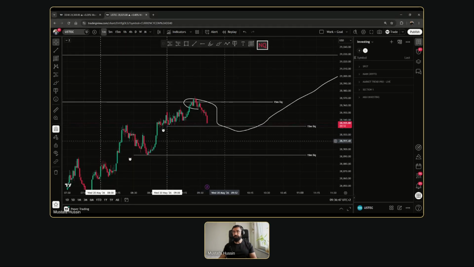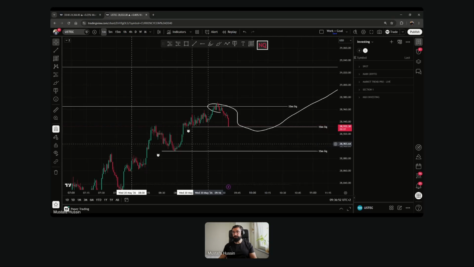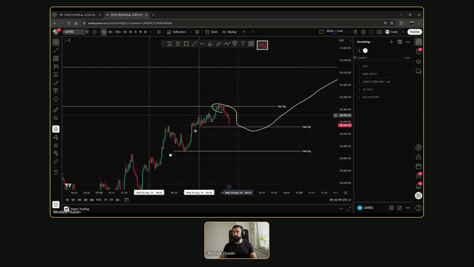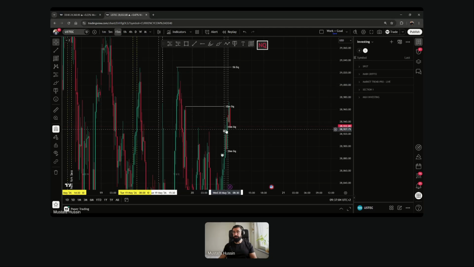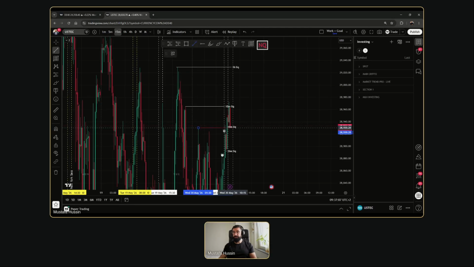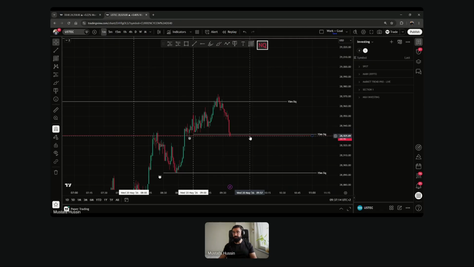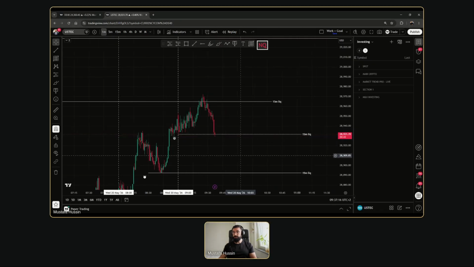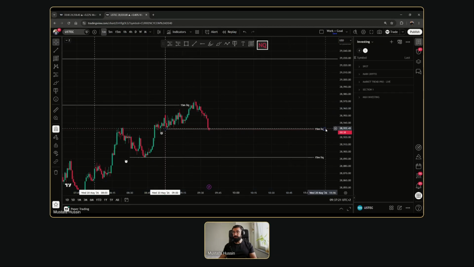That was a huge drop on the Nasdaq. Nice. Now I'm looking for a reversal to the upside. Let's see here. I'm just curious if this is gonna be swept. It did. The breaker, which I'm calling it. And this is the 15-minute liquidity.